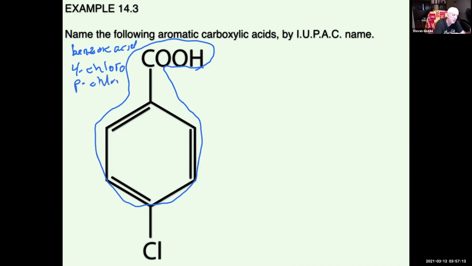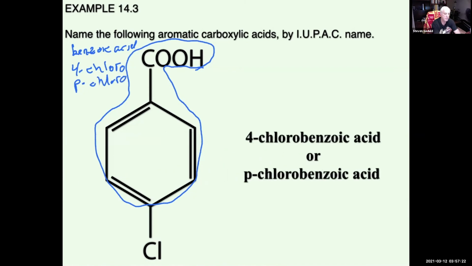Either one of those would be fine. So it's 4-chloro benzoic acid or para-chloro benzoic acid. At the 4 position or the para position, it's the same thing as long as you have that benzene ring. So benzoic acid is a benzene ring with a COOH group directly attached and a chlorine at the number 4 position or at the para position.